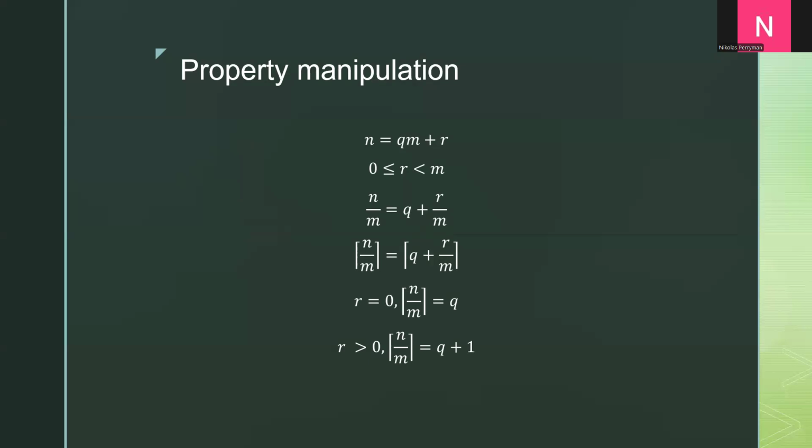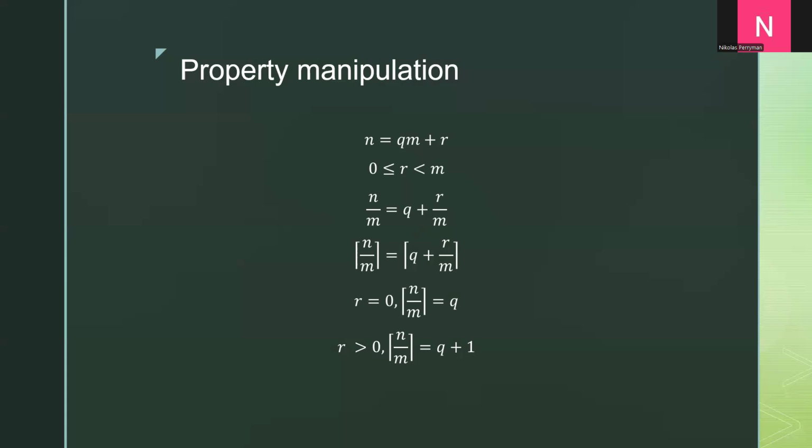n equals qm plus r. So if we set our domain so that r is greater than or equal to 0 and less than m, that's the domain for later, basically.